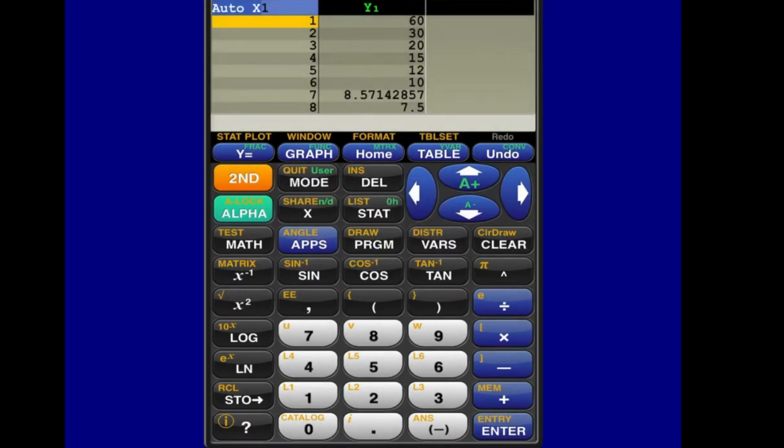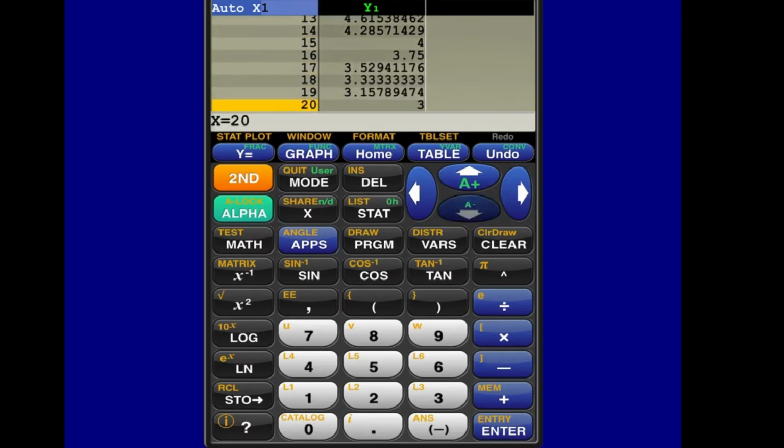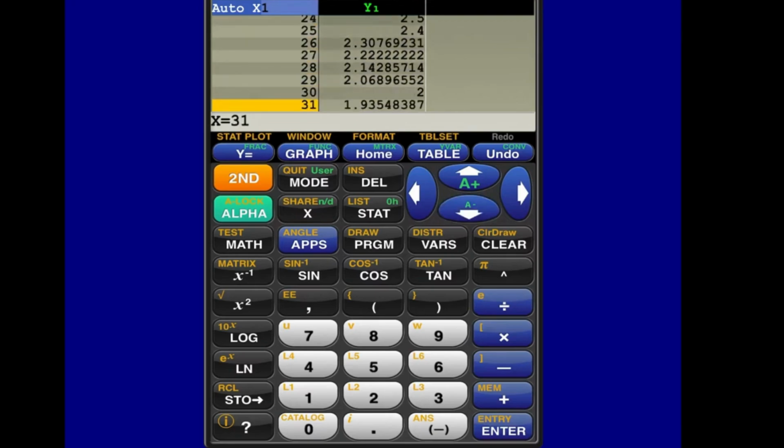Okay, so 60 divided by... it's telling me all the factors right there. I don't know if you recognize that. 60 divided by 1 is 60, so 1 times 60, 2 times 30, 4 times 15, no. 12 and 5, no. 15 and 4, no. 20 and 3, no. 30 and 2, duh!